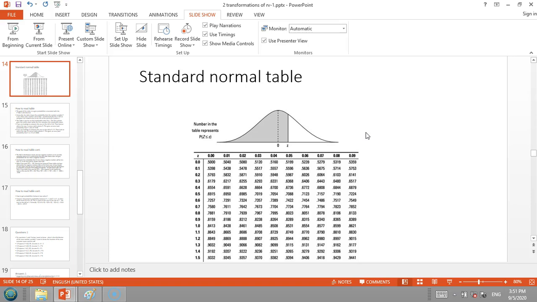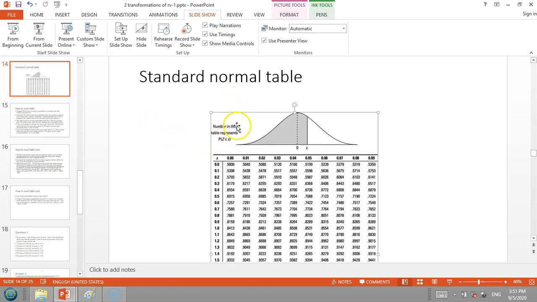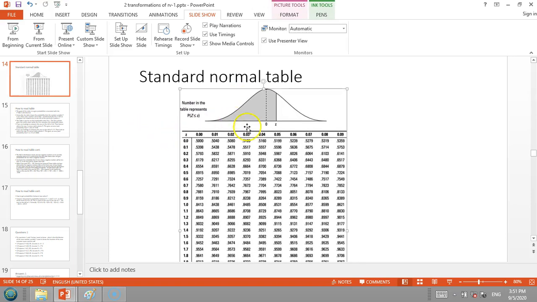Does that make sense? So the area to the left of this negative z is the same as the area to the right of this z, because of symmetry. So that is the trick. There are tables that will give you both values.